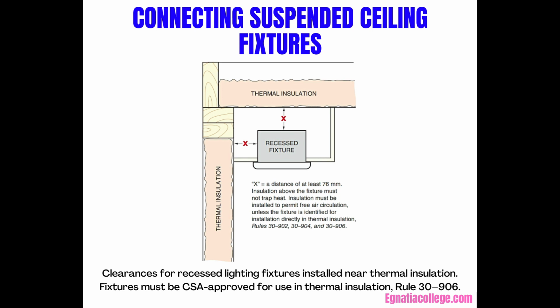It is necessary for the electrician who is installing recessed fixtures to work with the installer of the insulation to be sure that the clearances around the fixture are maintained. If the ceiling has insulation blanketing the fixture, it must be a Type IC fixture, Rule 30-906.